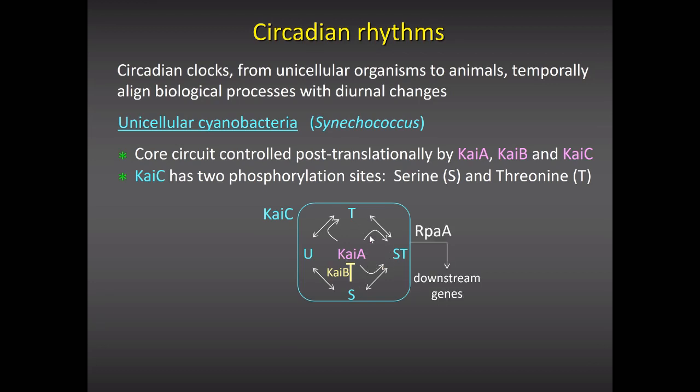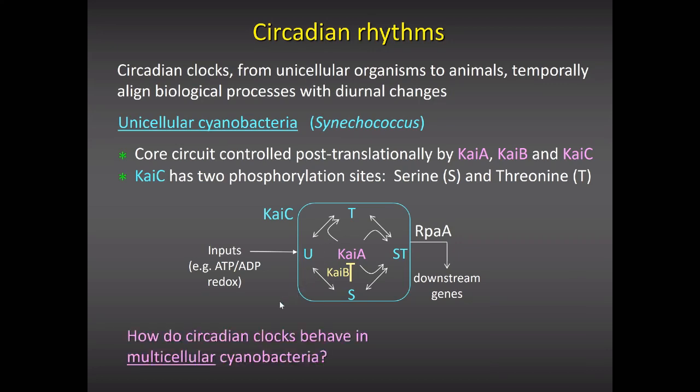KaiC transduces its output signals down to downstream genes via the master regulator transcription factor RpaA. Some of the input signals are the ATP-ADP ratio and the redox state of the cells.